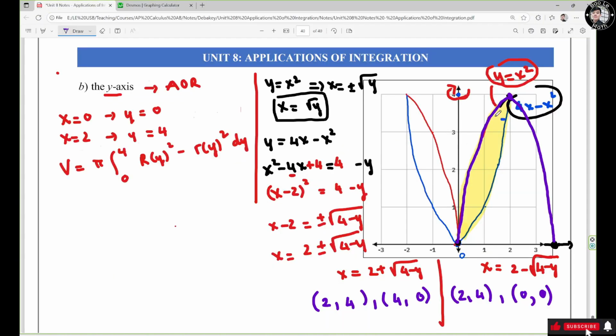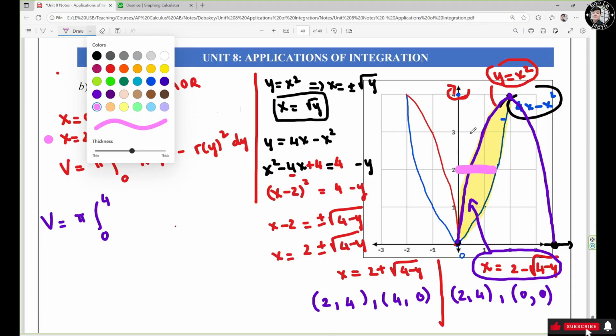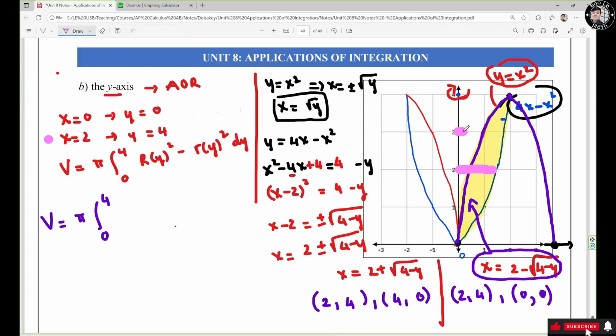Remember the region is right here. Now, you need to pick this guy, right? Because this one right here is right here, right? So, v equals pi times the interval from 0 to 4, the bigger radius, which is the distance from here to here, and the smaller radius is the distance from here to here, right?